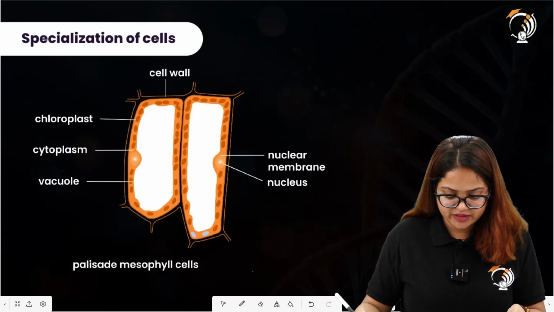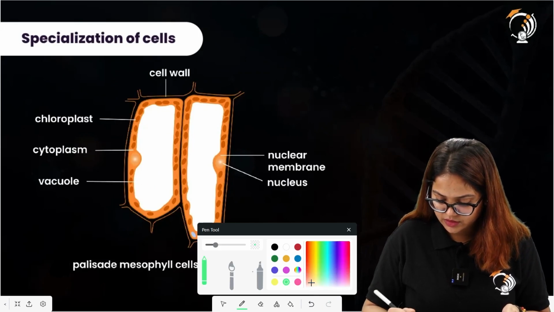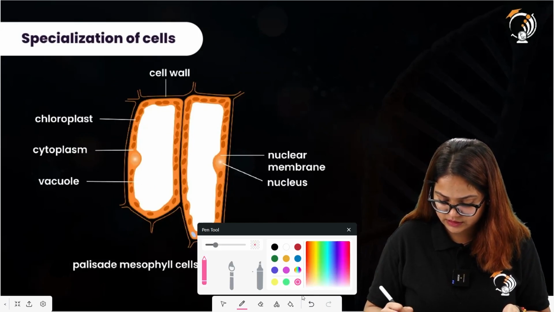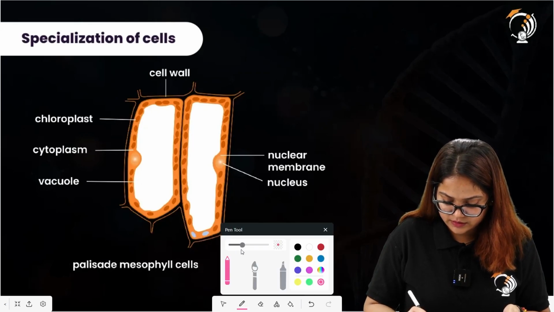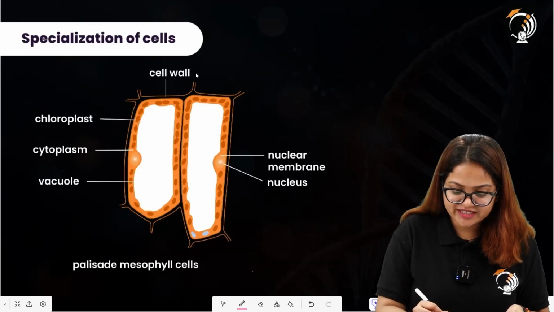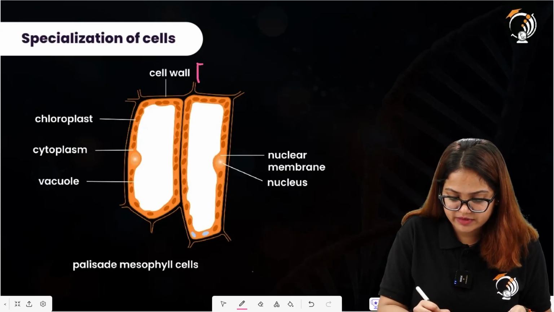Then we have here the palisade mesophyll cells. All right. So they have the cell wall. All right. So since it is a plant cell, let me write it here.